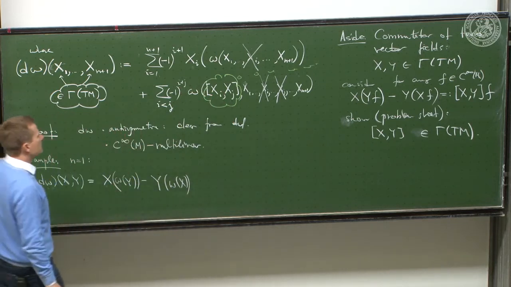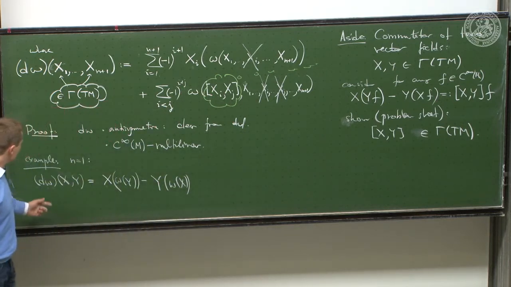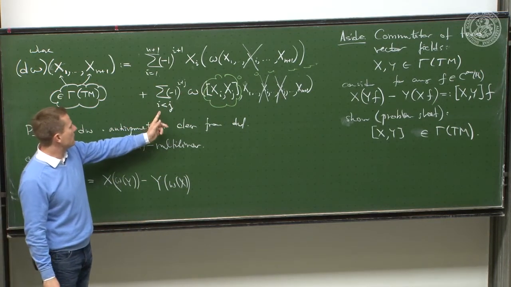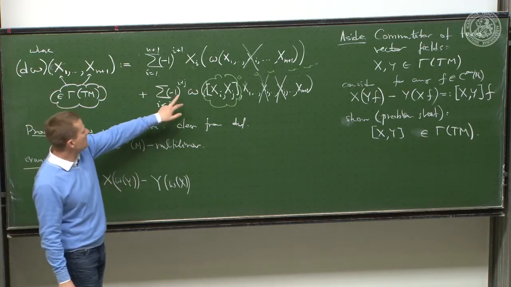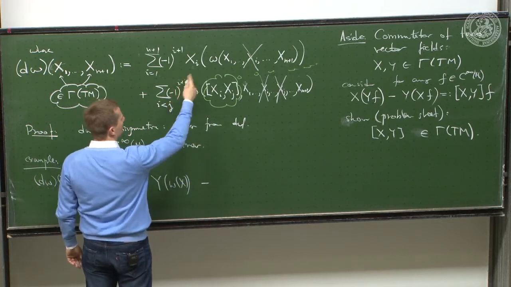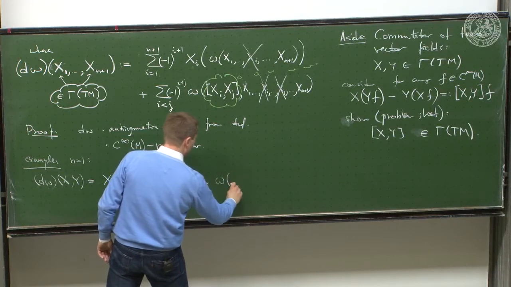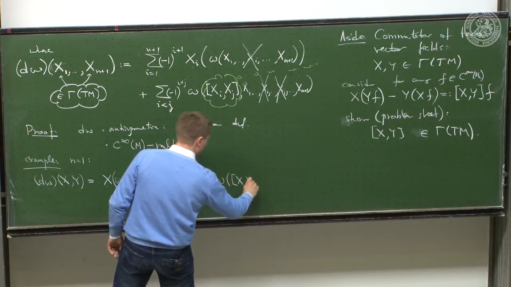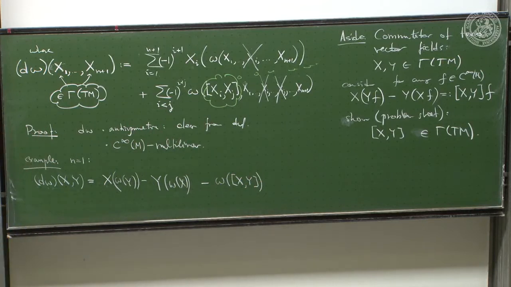And now you have to go over all ordered pairs, and there's only one ordered pair, the pair 1, 2. But then you pick up a minus sign here, because minus 1 to the 1 plus 2 is minus 1 to the 3. So that's the minus sign, and you just have omega of the commutator, and there are no further vector fields. So that is it.